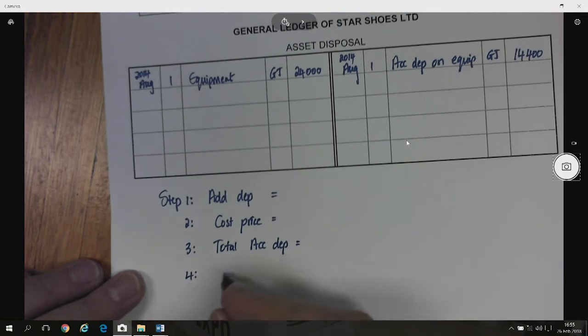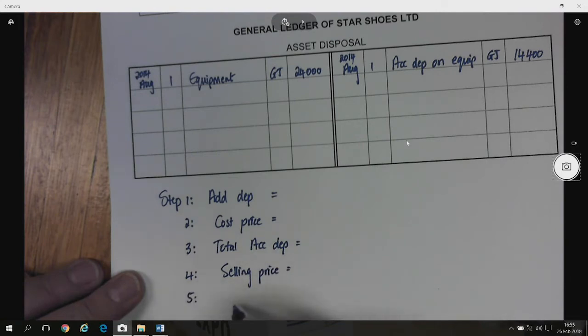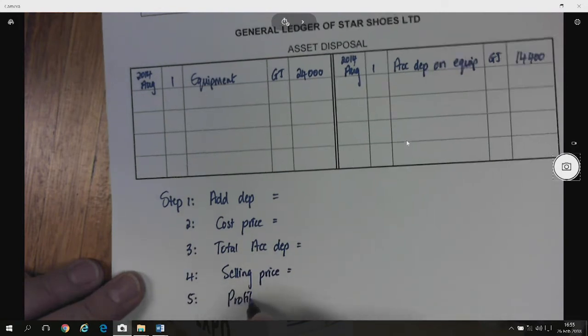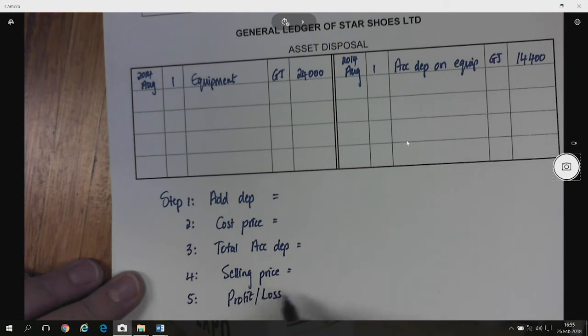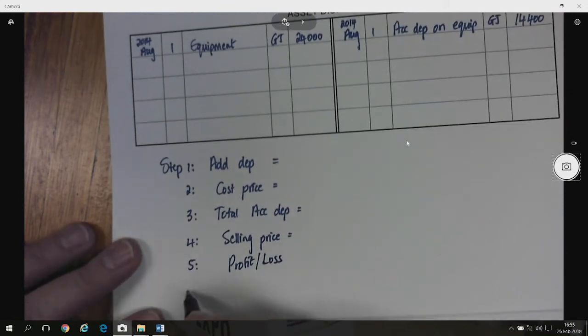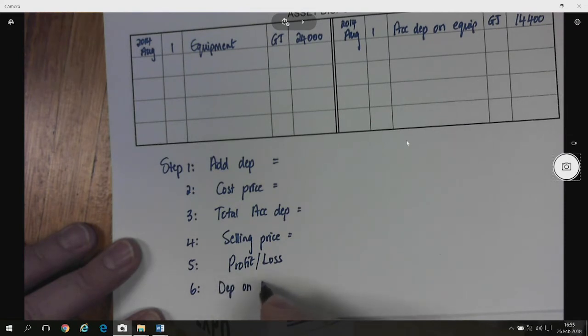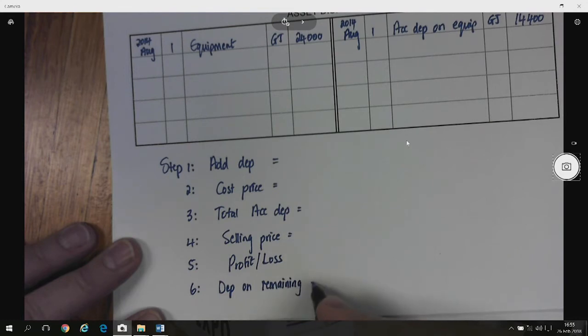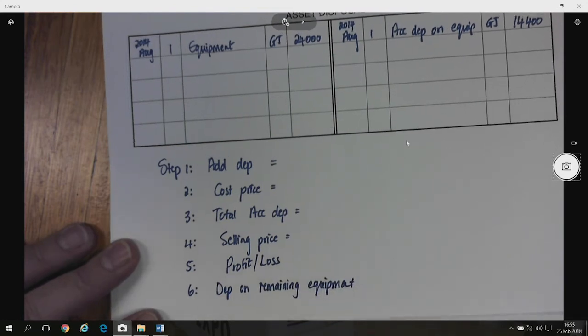Step 4 is your selling price. Step 5 is the profit or loss that you made on this sale, and then it is depreciation on remaining equipment.